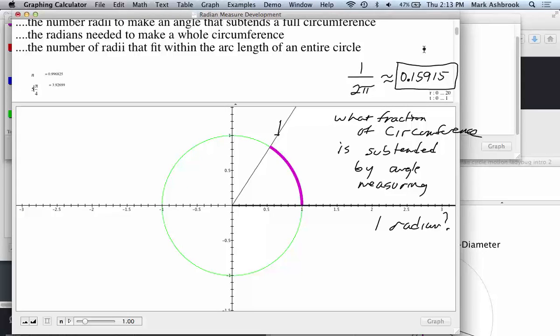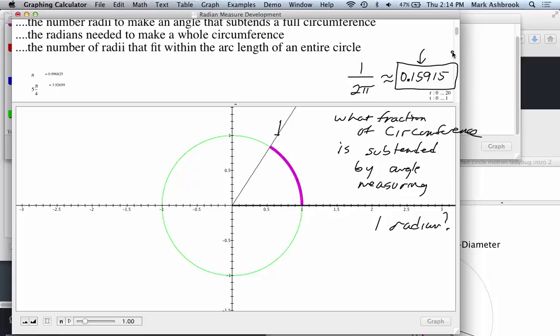So what's the significance of 0.15915? It represents like a sixth of the circle. Is it a sixth of the circle?